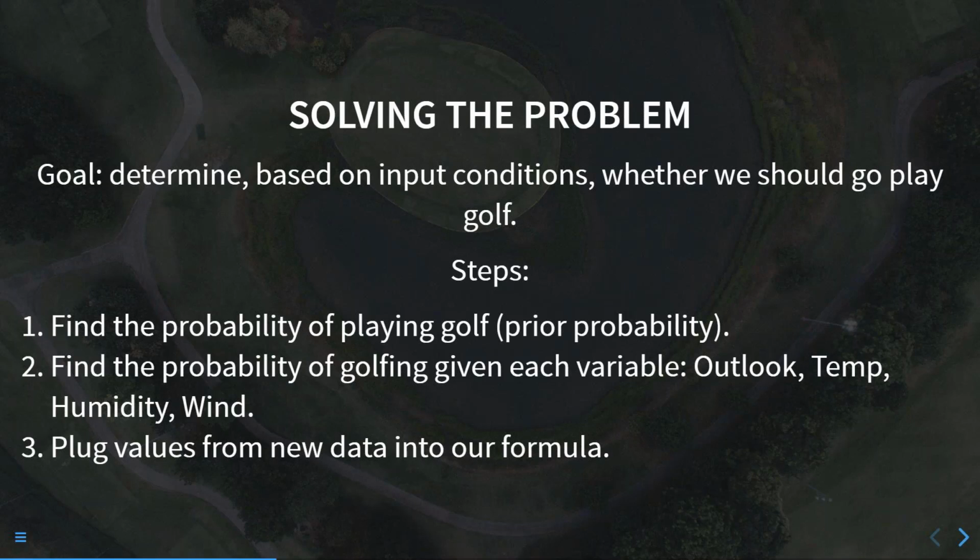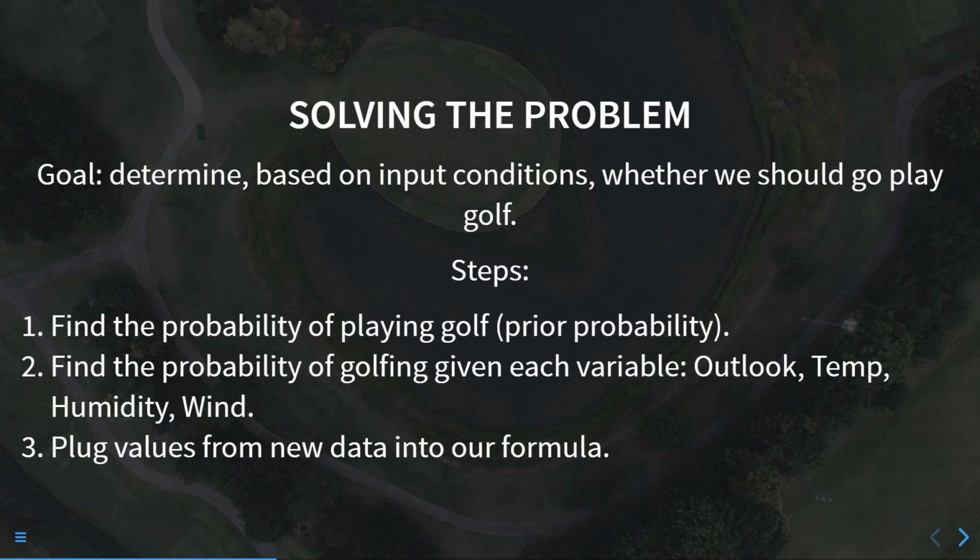The first step, I want to find what is called the prior probability. What is the probability my boss is going to go out and play golf? The second thing that we need to figure out is, given each one of those inputs, that outlook, the temperature, the humidity, the wind level, what is the probability, given this, that we will go golfing?